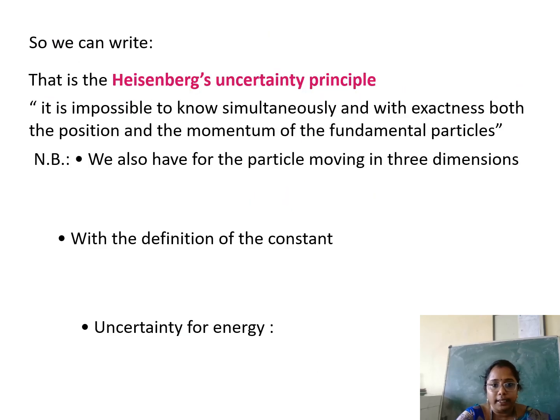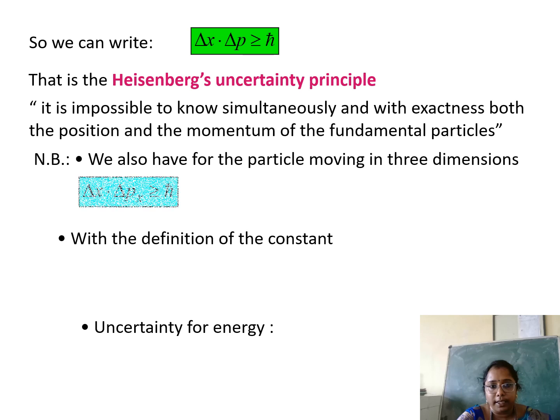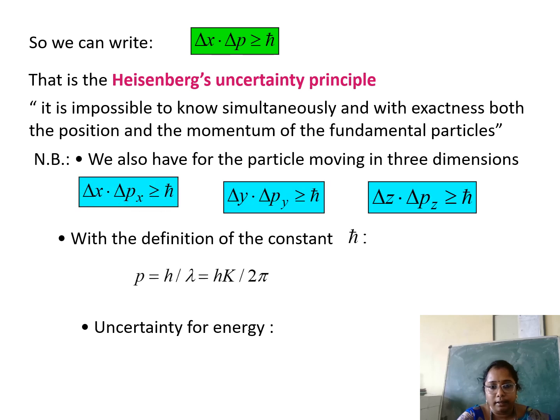That is the Heisenberg uncertainty principle: it is impossible to know simultaneously and exactly both the position and momentum of fundamental particles. Sometimes one is specified and the other is unspecified, so delta x dot delta p is always greater than or equal to h cut.